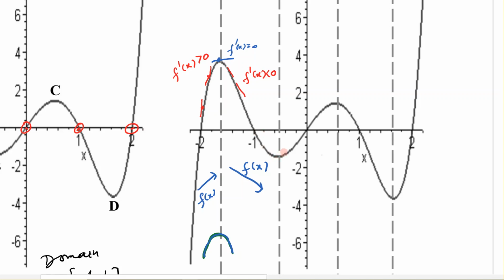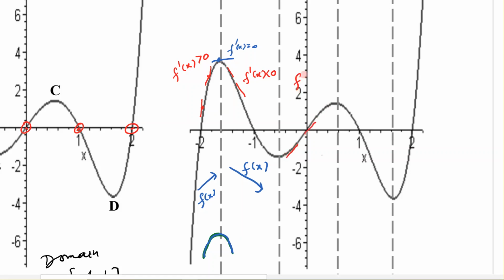Similarly, if we talk about the next bit from here, the slope is negative, and then after this point, the slope again starts being positive. If you just draw the line, you can see that the slope is positive.